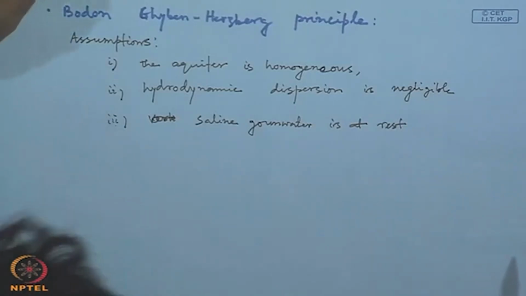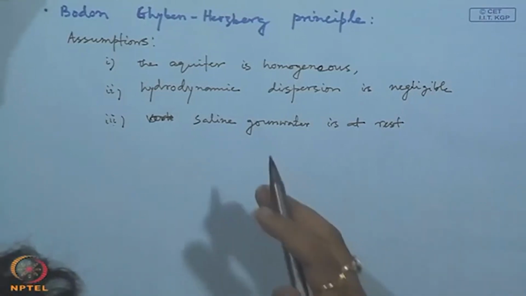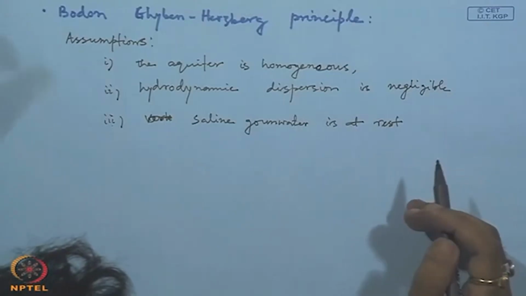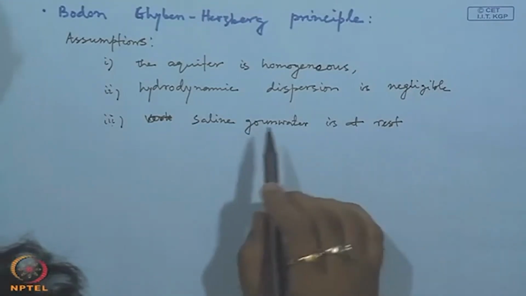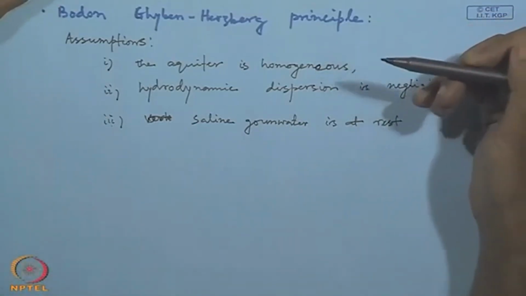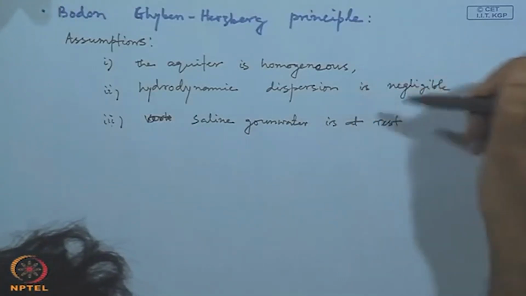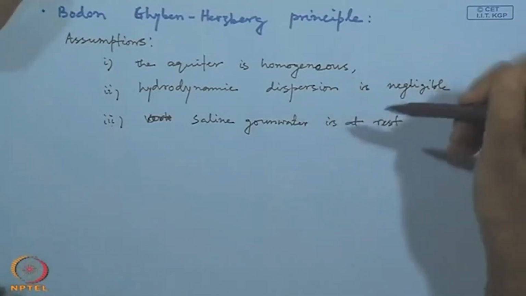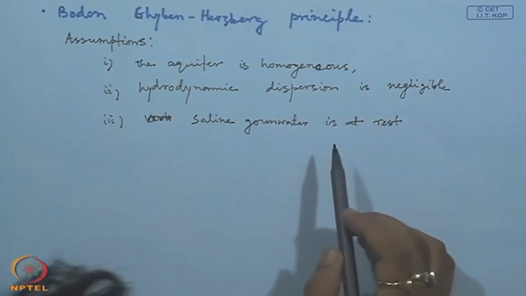Saline groundwater is at rest. So, to derive this, we can use our hydrostatic principles of fluid mechanics, and we can directly employ those pressure related relationships for derivation of Badon Ghyben-Herzberg principle.